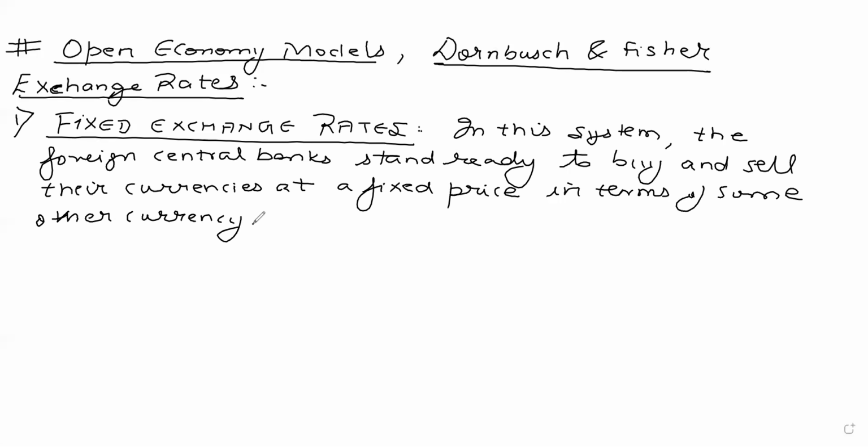So under the fixed exchange rate, the rate is not fluctuating on the basis of demand and supply. The exchange rate of a particular economy is fixed with respect to the other currencies, and that economy will be buying or selling foreign currencies at a price fixed by its central bank.